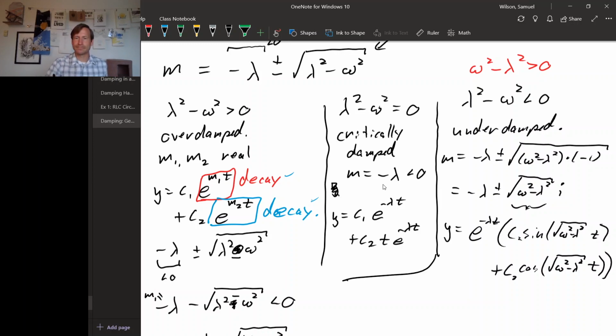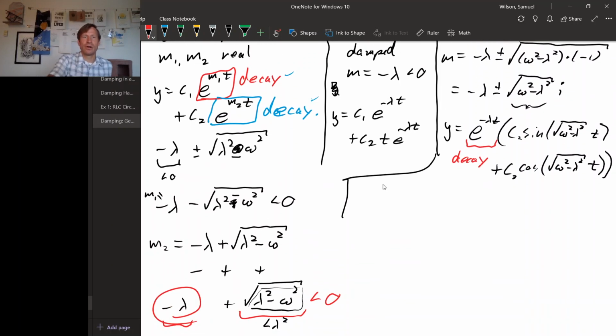Okay. Since lambda is always positive, this exponential term in the front is always decay, never exponential growth. So in this oscillating situation, you do always get sinusoidal oscillation, but with an exponentially decaying amplitude like this.